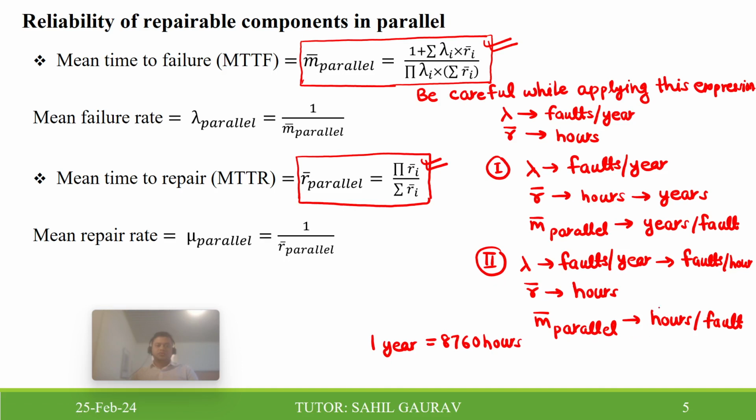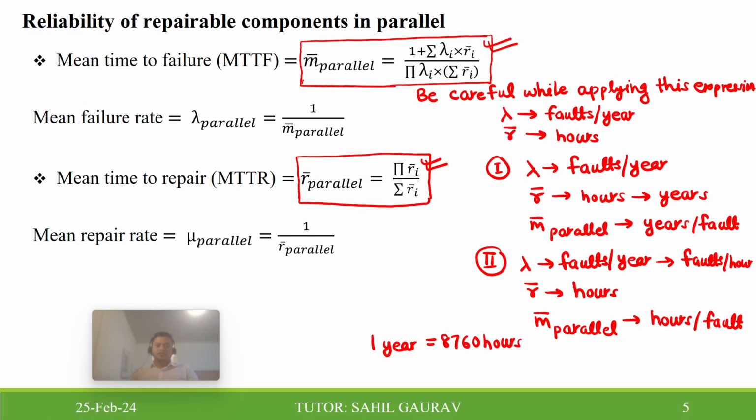Then you can convert this into years per fault by dividing with 8760. So either way you go, at the end you can convert into either unit, m bar parallel in years per fault or in hours per fault.